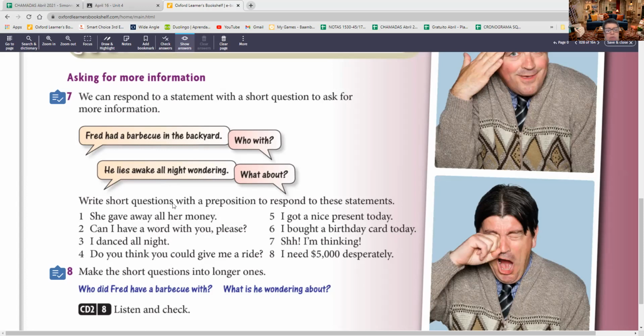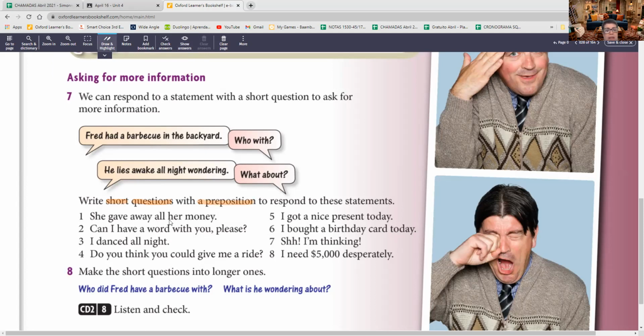So write short questions with a preposition to respond to these statements. As you can notice, we are still using the topic of asking questions, different ways to ask questions. In this case, we are practicing short questions with a preposition. Let's see the first one.